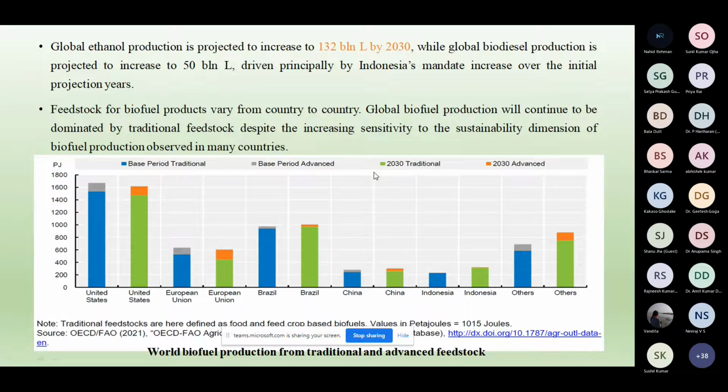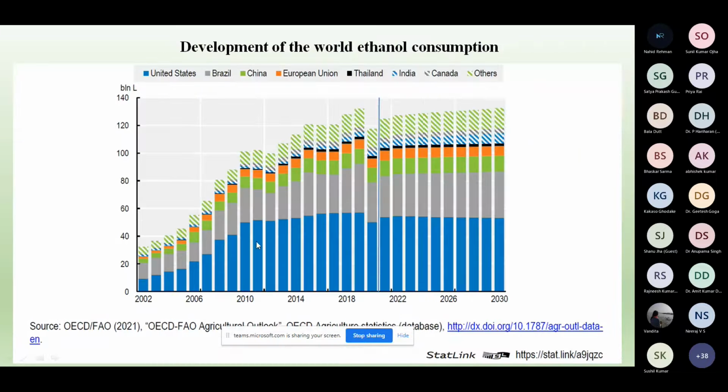So based on the ethanol consumption, this chart is prepared to let you know the different countries, US, Brazil, China, European Union, Thailand, what is their consumption. So here this is the graphical representation showing how much they depend. So basically you see that US and Brazil are leading for utilization of ethanol based economy.